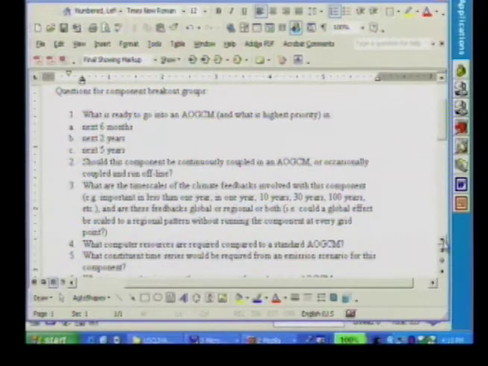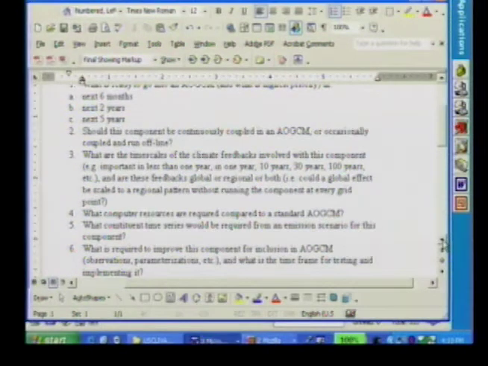And then the last one is, maybe you decide this particular component isn't quite ready. Well, what do you need? What are the missing pieces? Do you need some key observations to really pin this down? Or are certain parameterizations a problem?